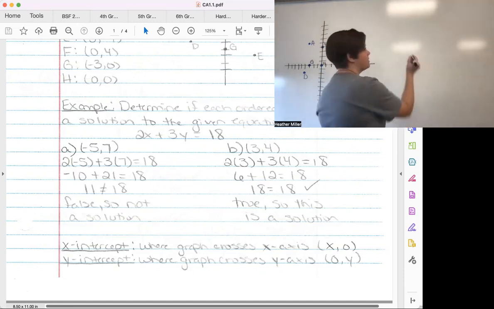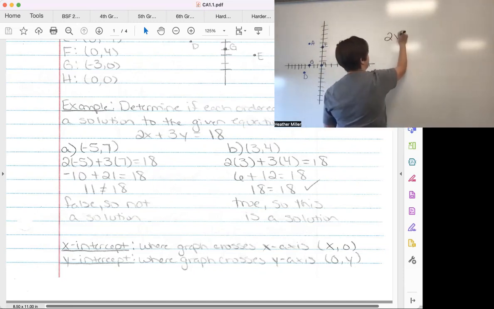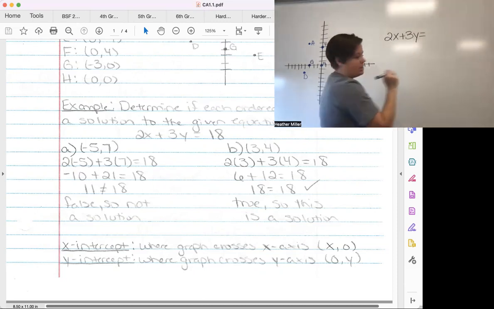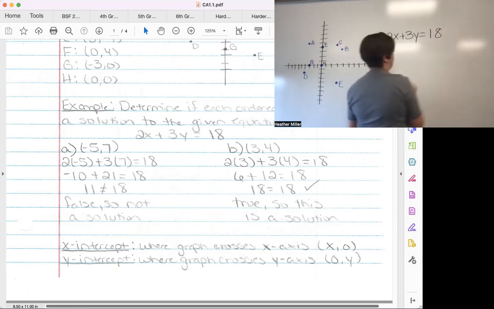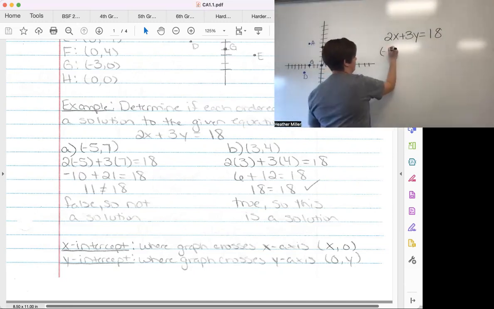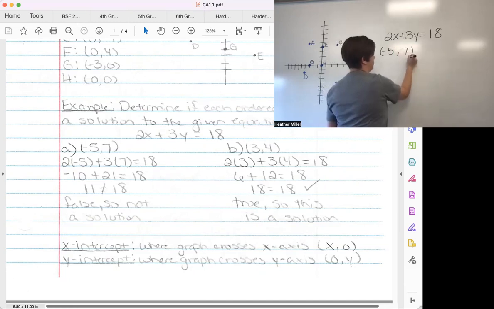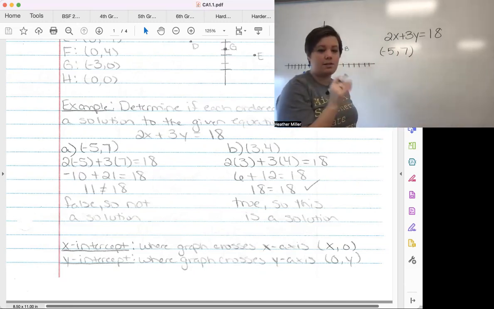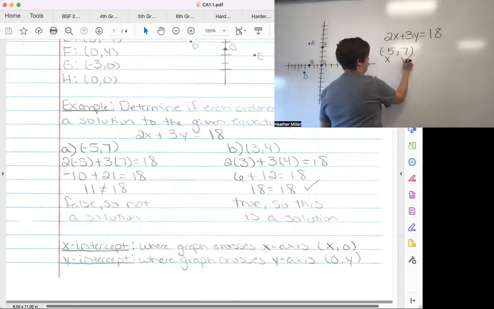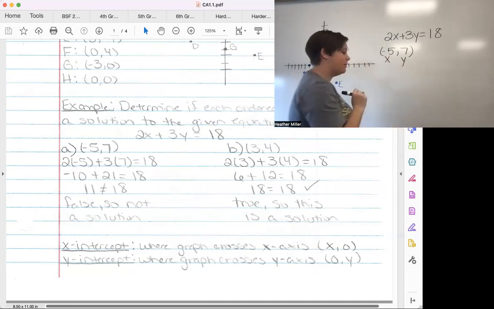We had 2x plus 3y equals 18. And the first ordered pair is -5, 7. Now remember, an ordered pair is an x and a y value. Your x value is -5 and your y value is +7.